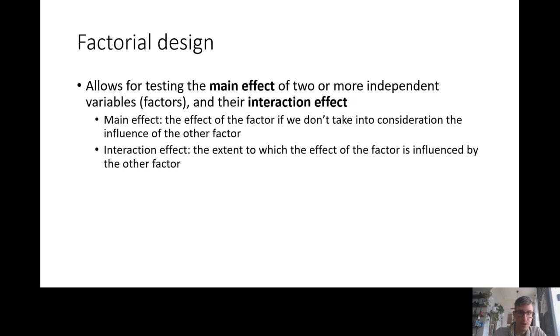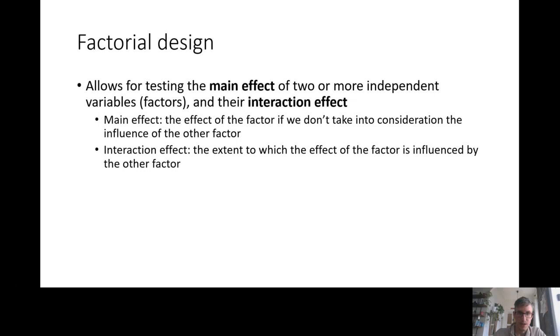So here we could see that this kind of design lets us assess the effects in 2 ways. So 2 types of effects. We can assess the main effect of each of the factors separately, and we can assess the interaction effect.